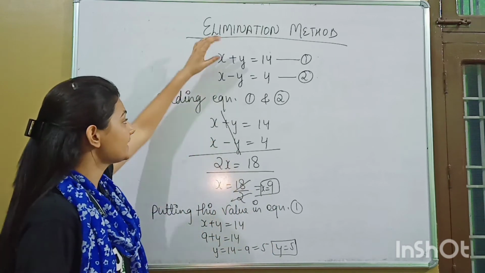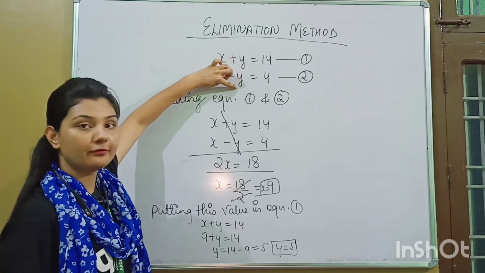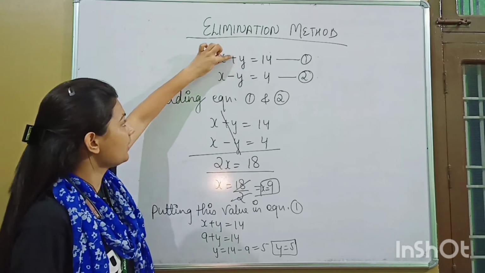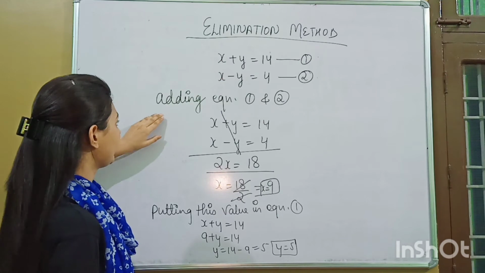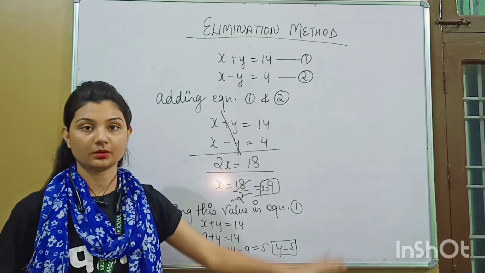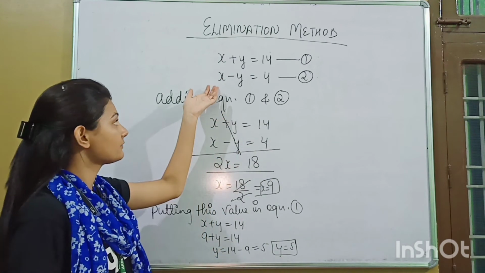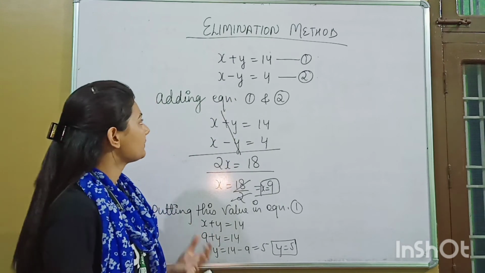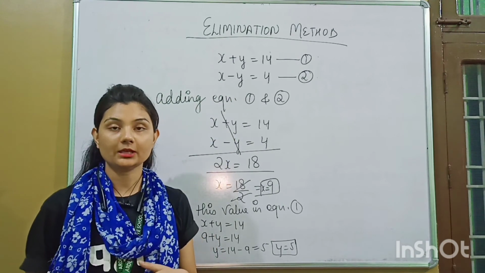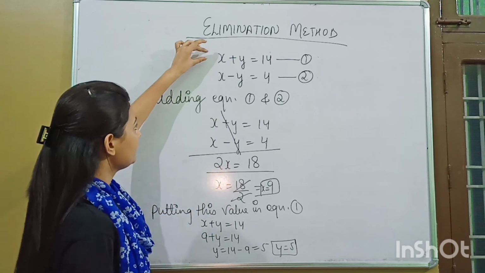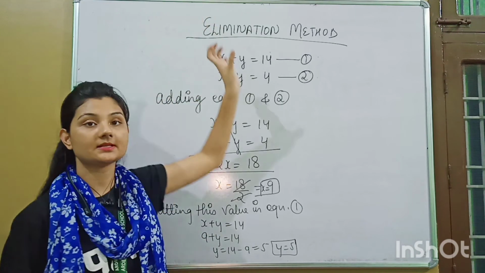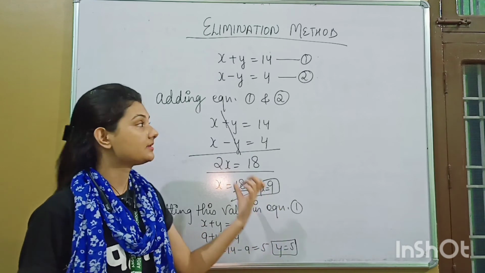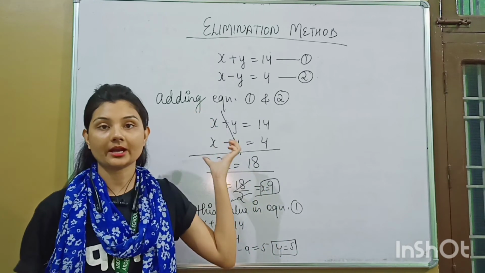See, I wanted to remove y and both were in opposite signs, so I added equations 1 and 2. Now if you want to remove any variable and you see that the sign of the variable in both the equations is the same, then instead of adding you will subtract both equations.